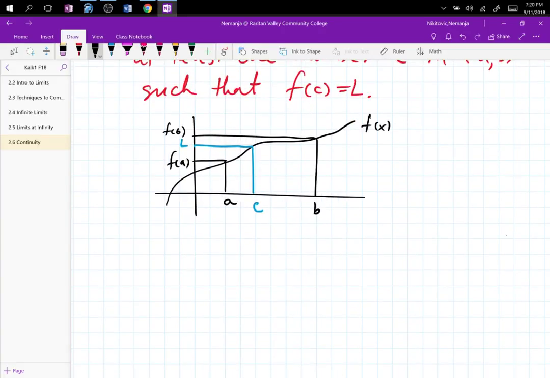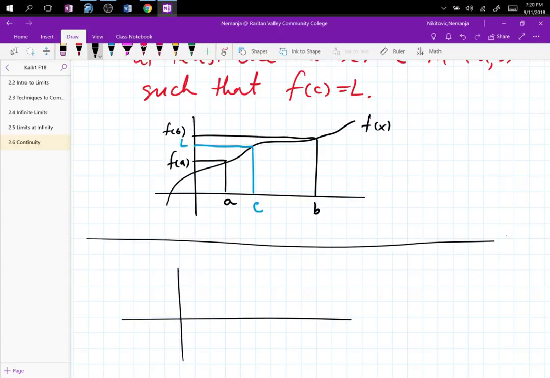So if you do that, you are going to run into a problem that now has A, f of A, and B, f of B. The value on the x-axis, because your L is 0, is C.